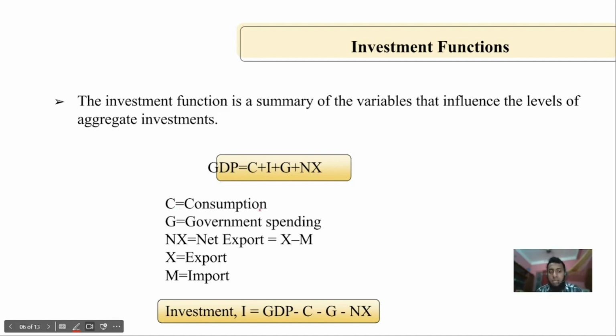Here, C equals consumption, G represents the government spending and NX represents net export, which equals X minus M. Here, X equals export and M equals import. So we can rearrange it and write I equals GDP minus C minus G minus NX.